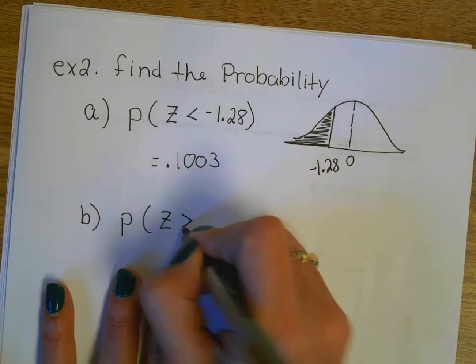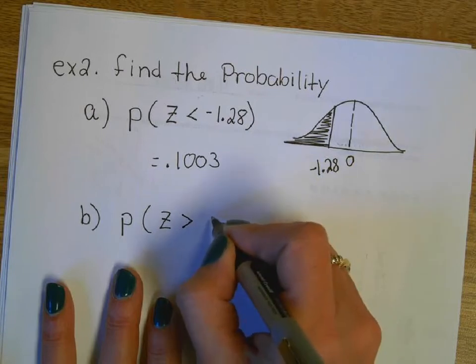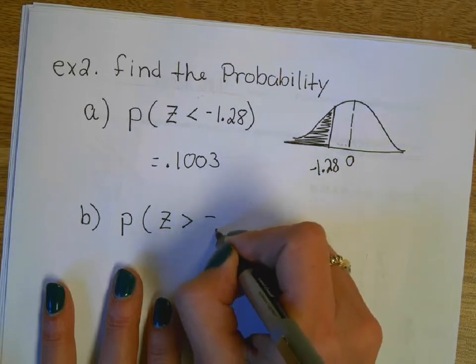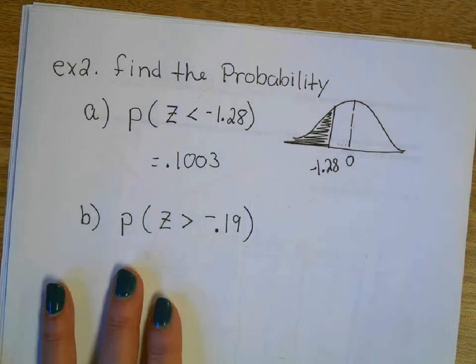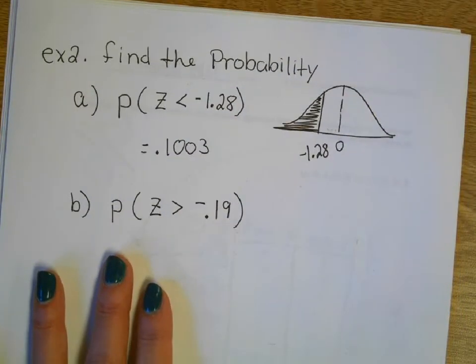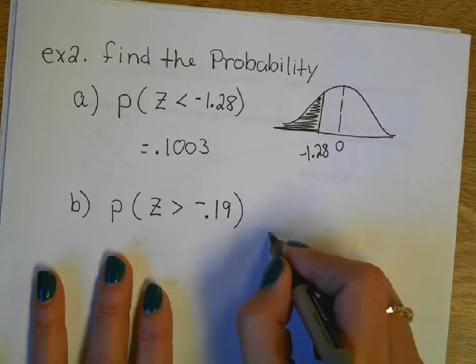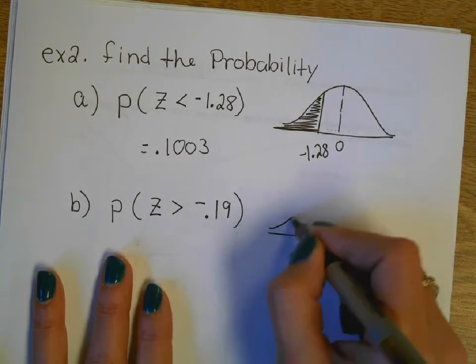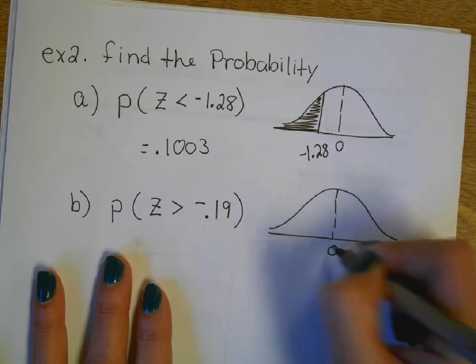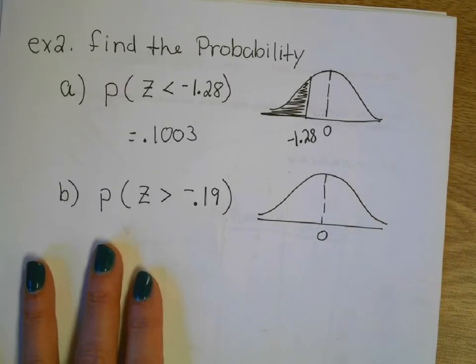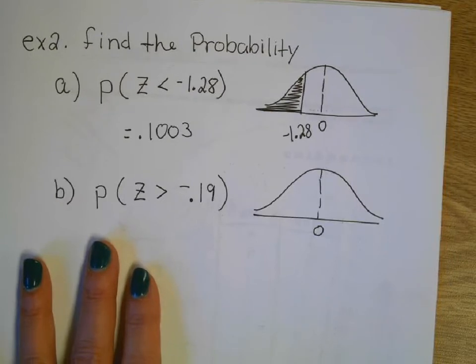How about greater than? Negative 0.19. I like to make this graph. There's a 0 z-score, negative 0.19 z-score.